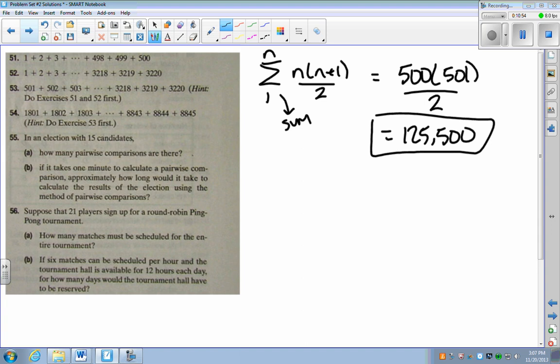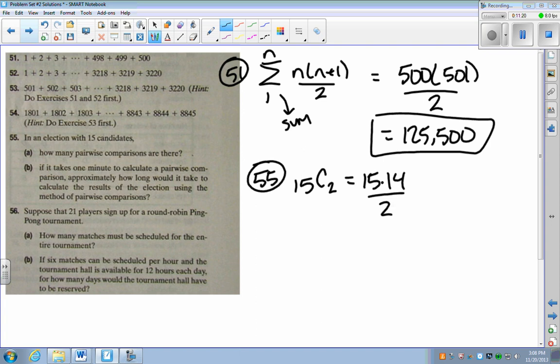Last two, and I'm just going to do 55 here because 56 is the same idea. There's 15 candidates in an election. How many pairwise comparisons? Of the 15 people, we just want to match them up with everybody else. You're just trying to make different groups of 2. The order doesn't matter.